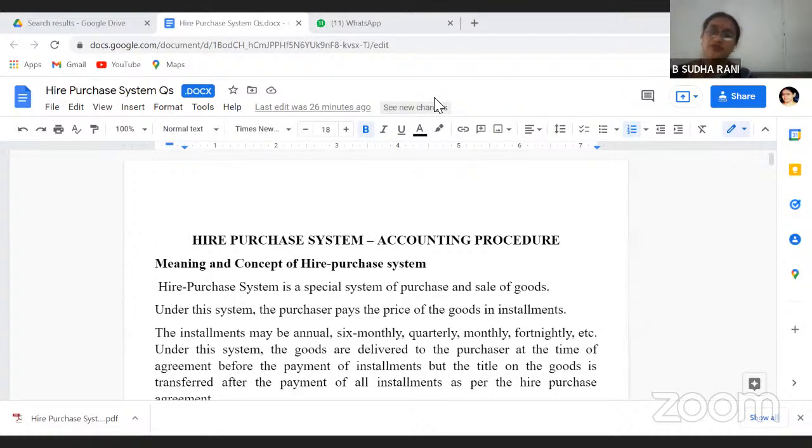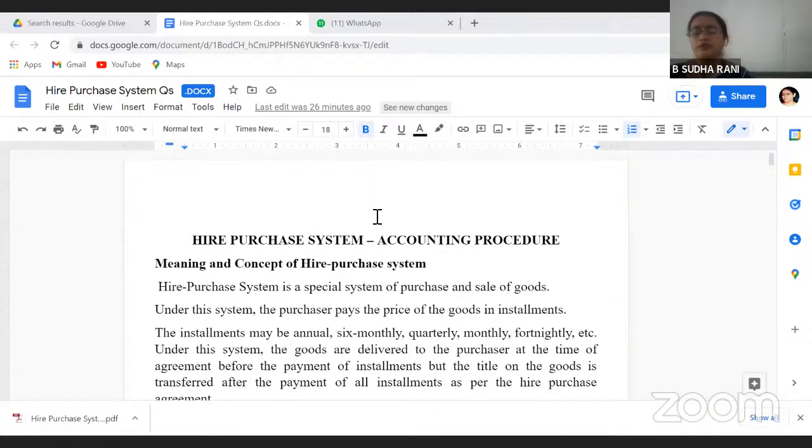The ownership transfers from seller to buyer only when he pays the last installment. Second thing is that he can return the asset anytime if he wants. Okay.